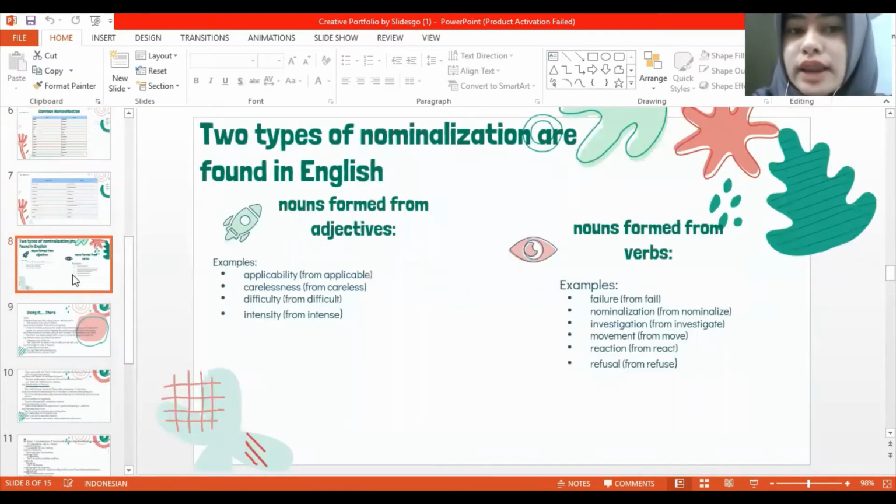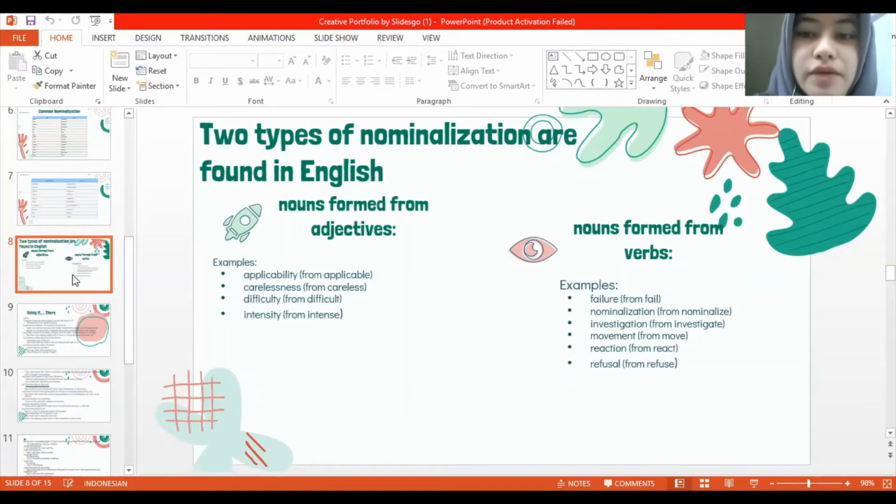There are two types of nominalization found in English. The first, nouns from adjectives. The examples: applicability from applicable, carelessness from careless, difficulty from difficult, and intensity from intense.